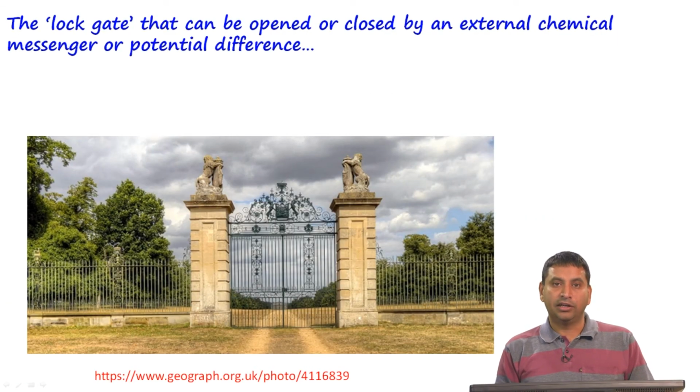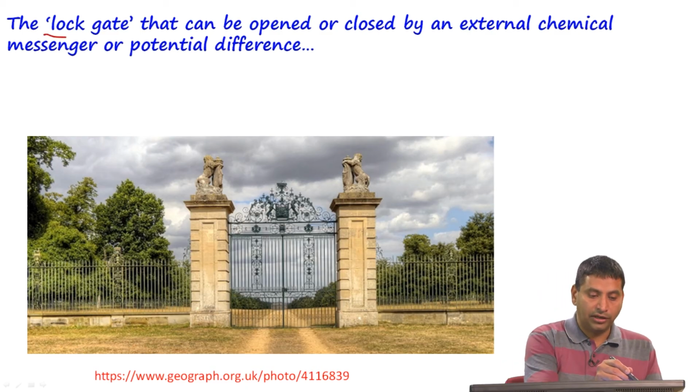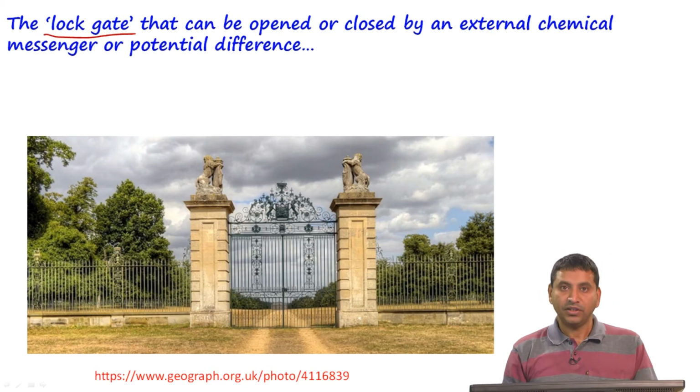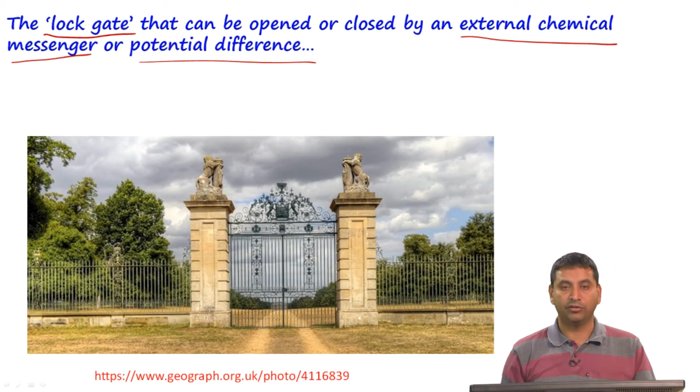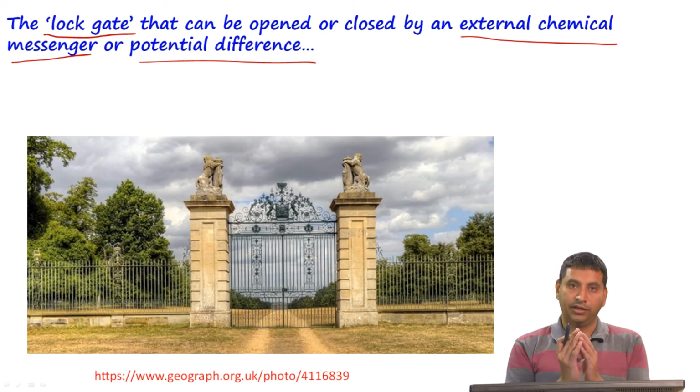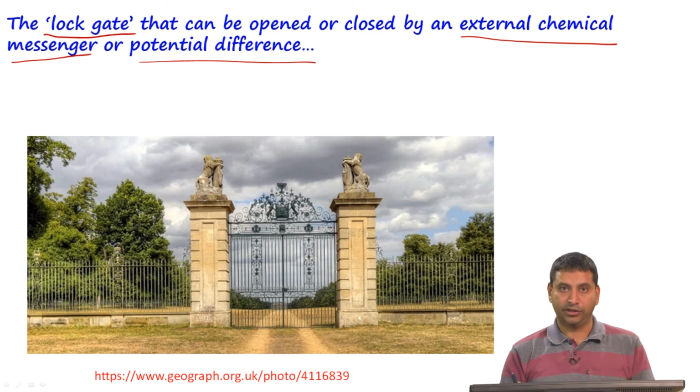In the example picture that we looked at earlier, we had this gate that can be opened or closed by an external chemical messenger or by potential difference. So, this gate can open if you have a difference in potential between the inside and outside. This is the difference between a ligand-gated ion channel and a voltage-gated ion channel.